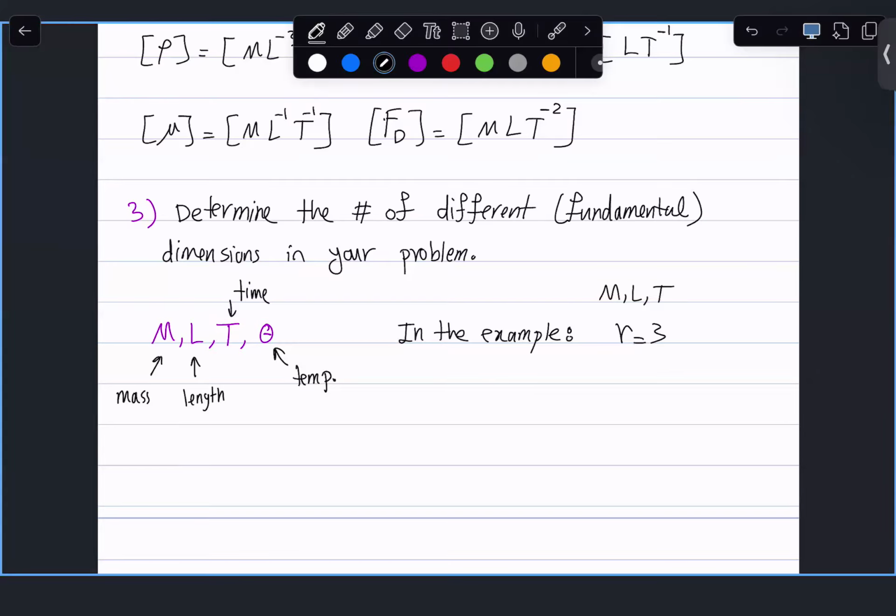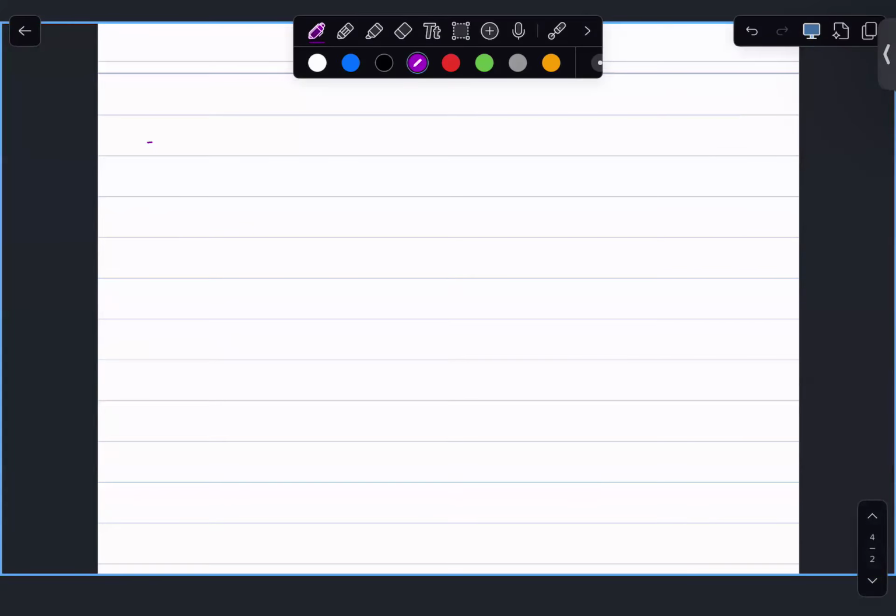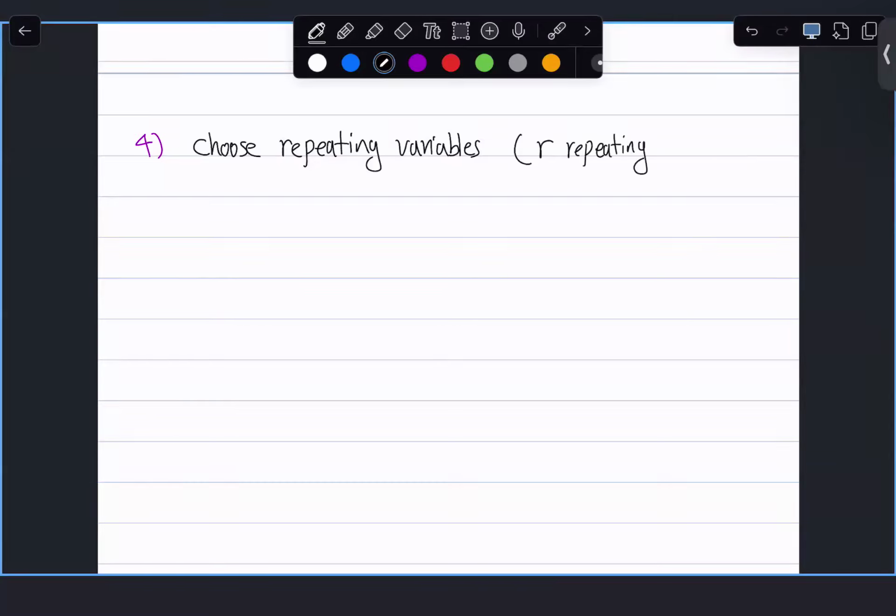Okay, next step, step 4, is to choose, and this is really, really important, something called repeating variables. For this class, we can say you always choose R repeating variables. So the number of repeating variables will be the same as the fundamental dimensions.